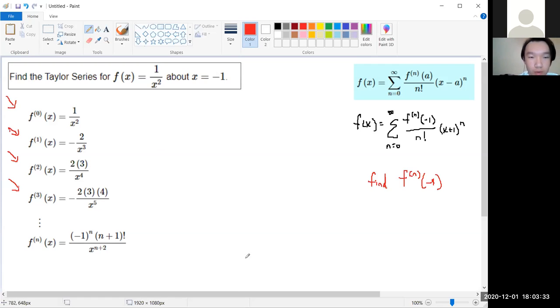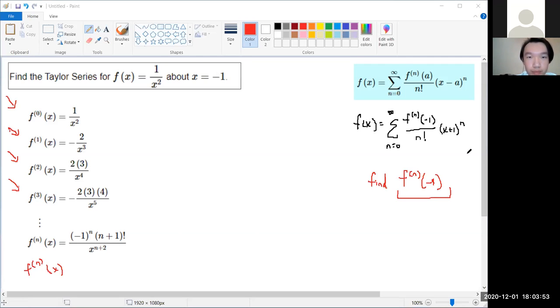Okay, so once we find a derivative, what we have is f^n of x, but that's not really what we want, right? We want to find f^n of -1. So what we need to do is just plug in -1 into what we just found.